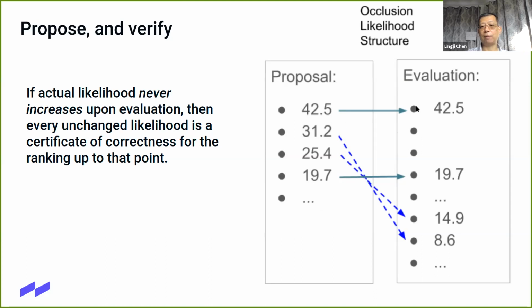Sometimes they stay the same, sometimes they drop, like these two examples. These are just made up numbers for likelihoods. Whenever some likelihood stays the same, that provides a certificate for the correctness of the ranking at this level and above. So if by this time we have obtained 100 of them, then we are guaranteed we have obtained the best 100 of them. That's the key.